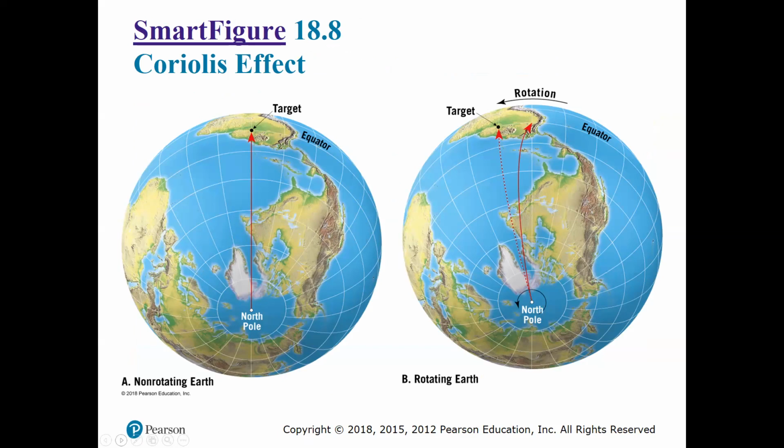So with the Coriolis effect, the deflection is always directed at right angles to the direction of airflow. It affects direction, not speed. So the Coriolis effect will only affect the direction the wind's blowing, not the speed.